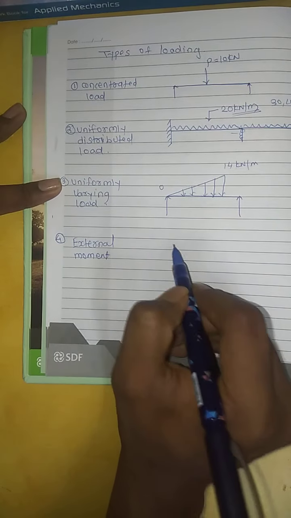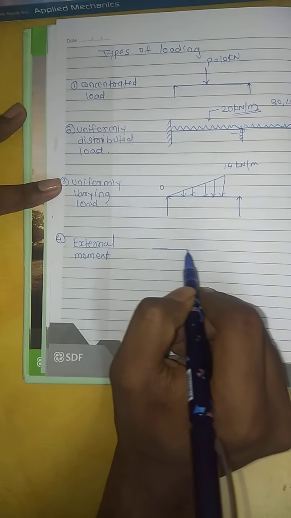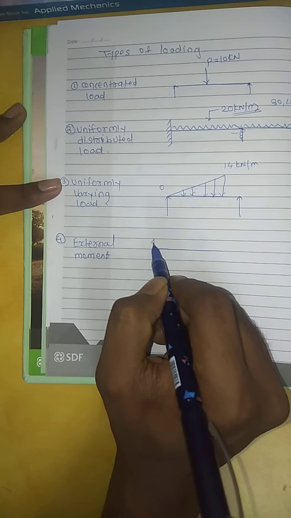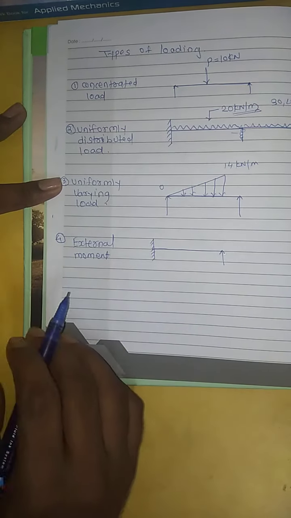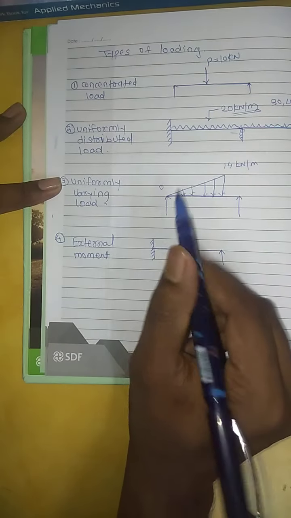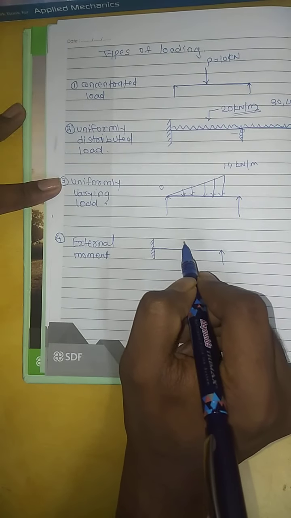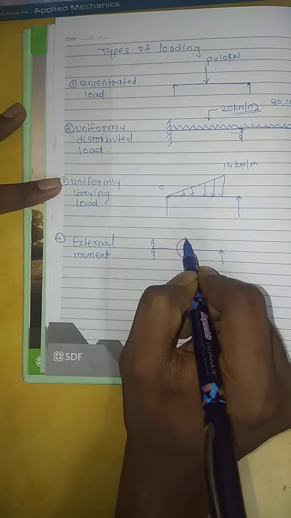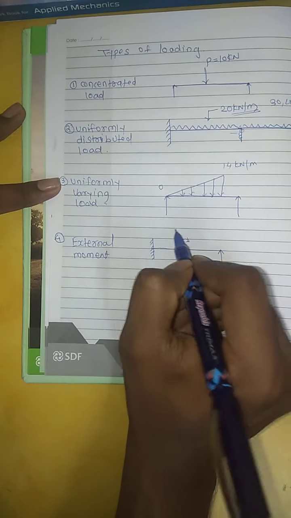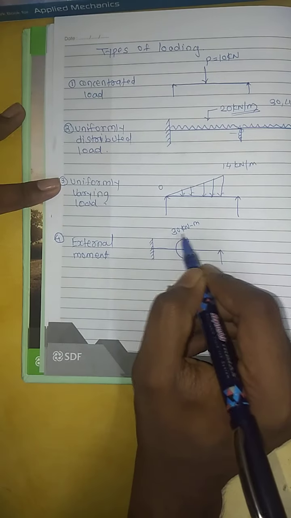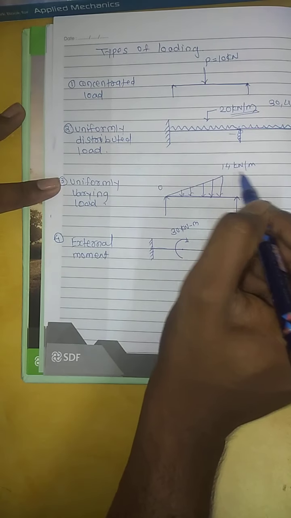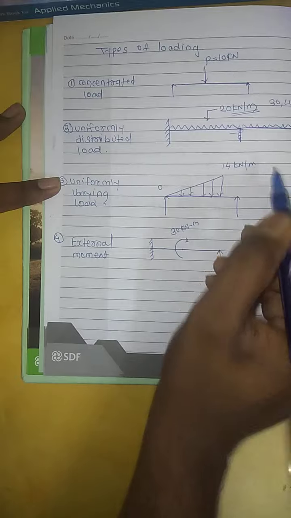Okay, so just comment which type of beam I have shown here. An external moment is simply shown like this. Its unit is 30 kilonewton meter, and here the unit is kilonewton per meter.